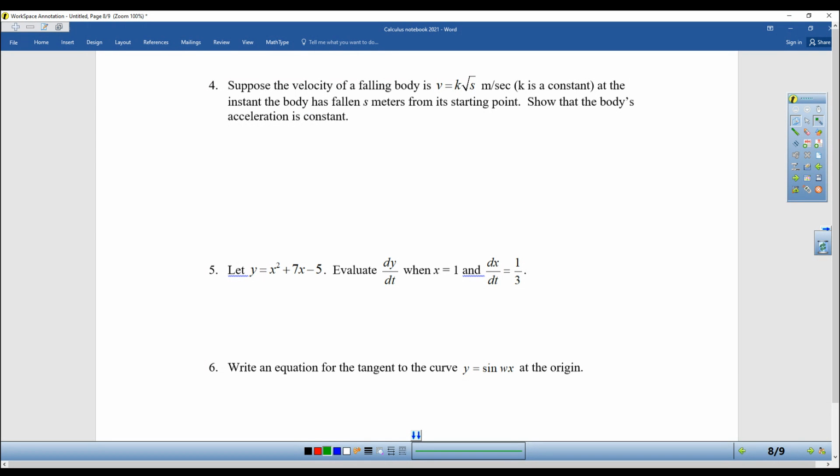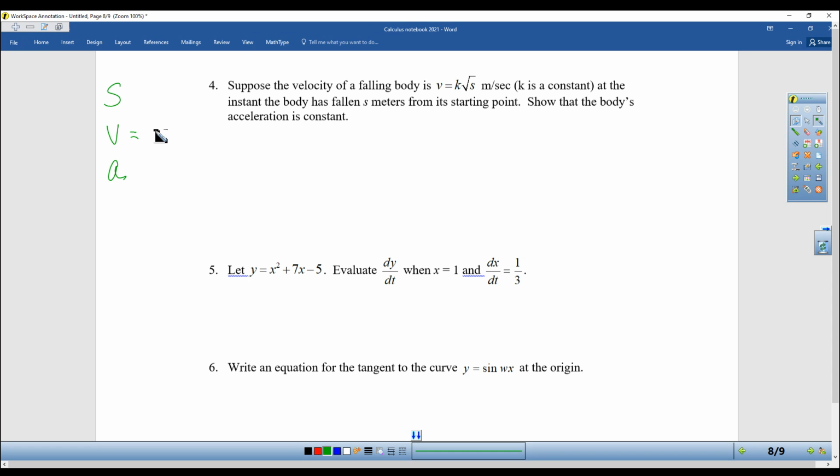Suppose the velocity of a falling body, not like particle body, not real body, is v is equal to k square roots of s meters per second. At the instant the body has fallen s meters from the starting point, show that the body's acceleration is constant. So I'm always going to write this off to the side, SVA.